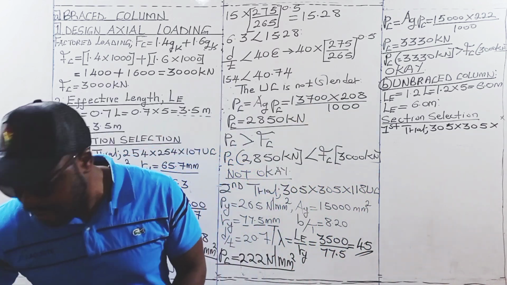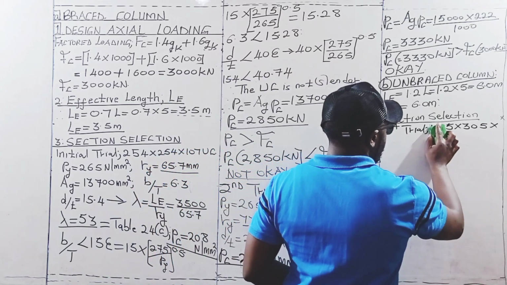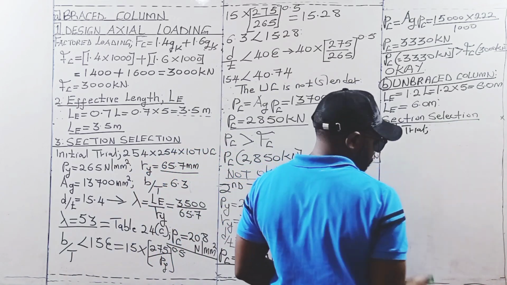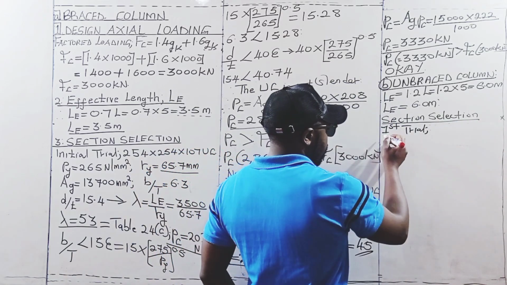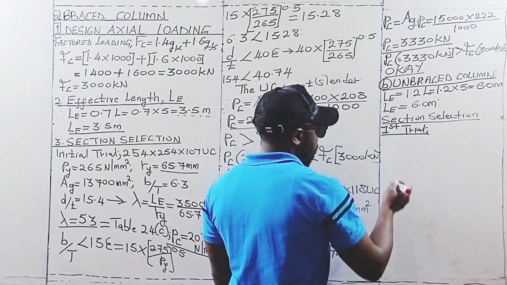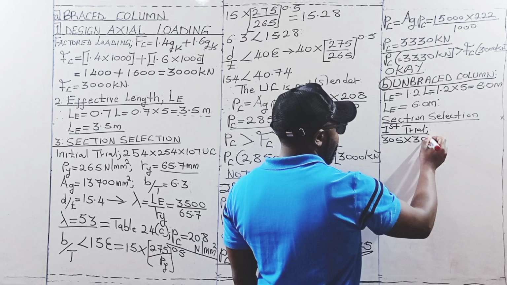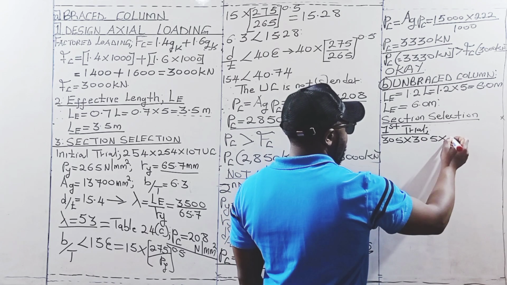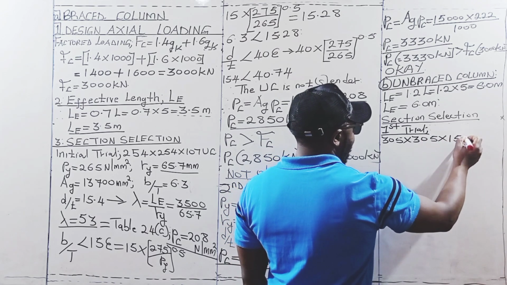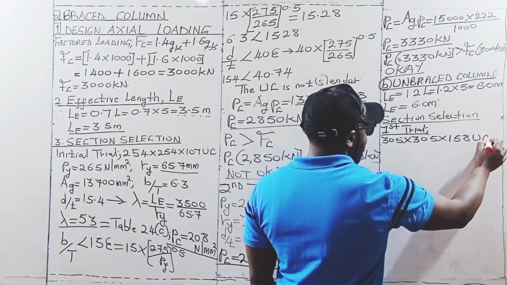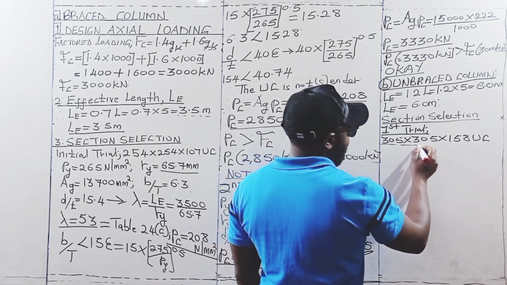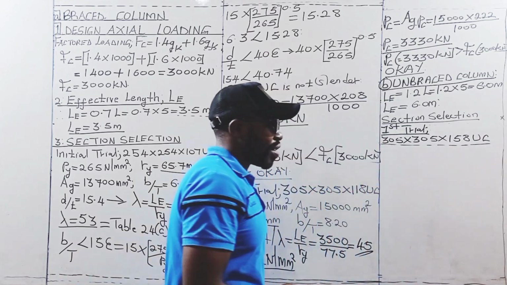Let me write it down here. 305 by 305 by 158 universal columns. So that is the section we are going to try.